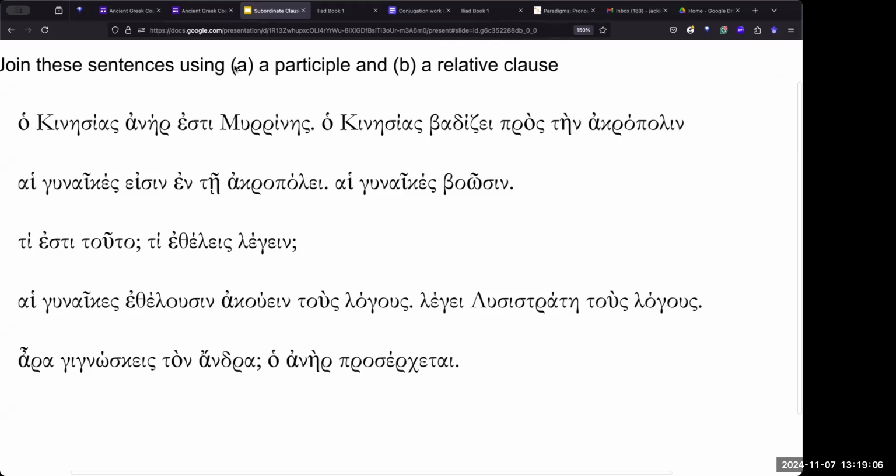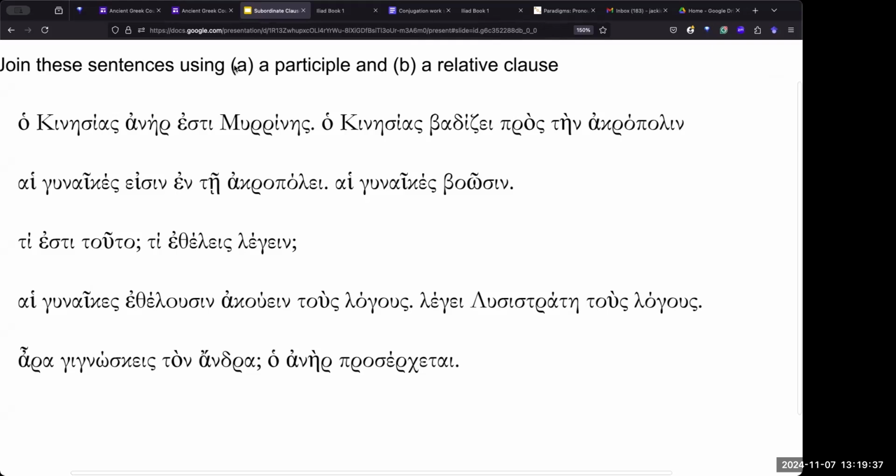You knock off the tau as your rule, knock off the tau, rough breathing, you're good to go. No matter what its case is, it must be at the beginning. And so it would be whose lege Lysistrate.